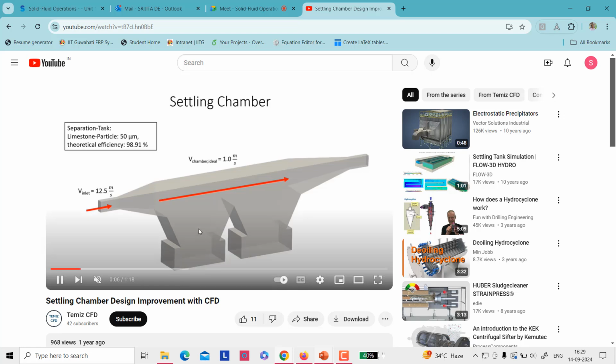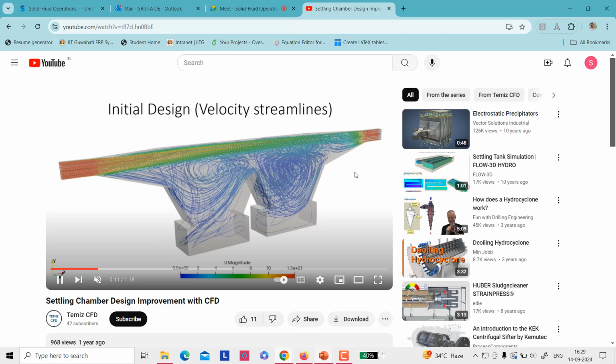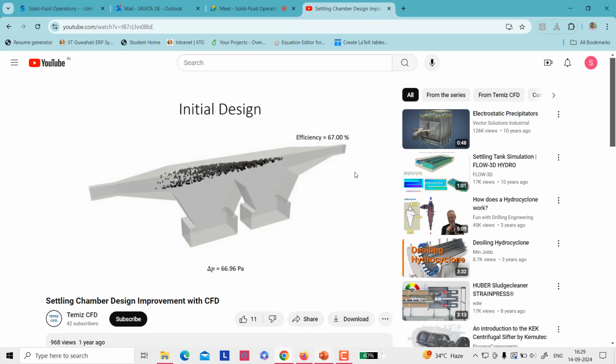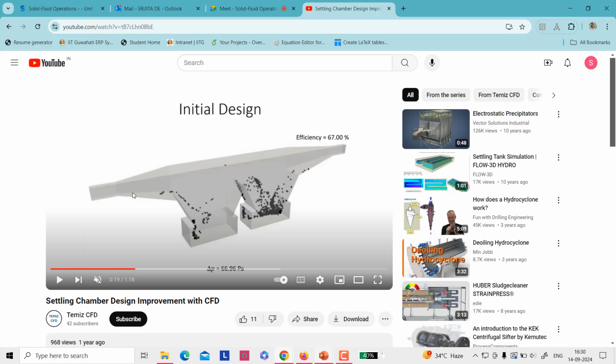This is the inlet, this is the chamber length. You can see that depending on the size and depending on the gravity, these particles are separated between the two containers.